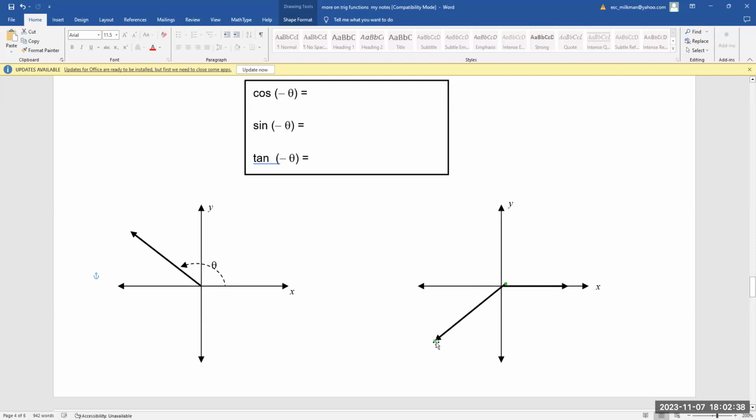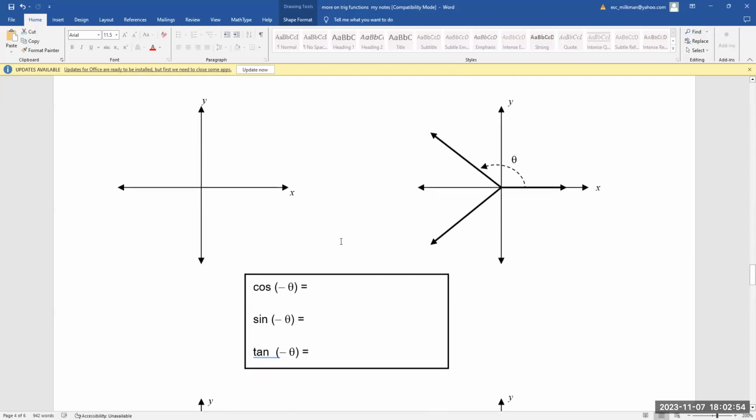Negative theta would be up here. So we have the cosine and the sine and the tangent of a negative angle.